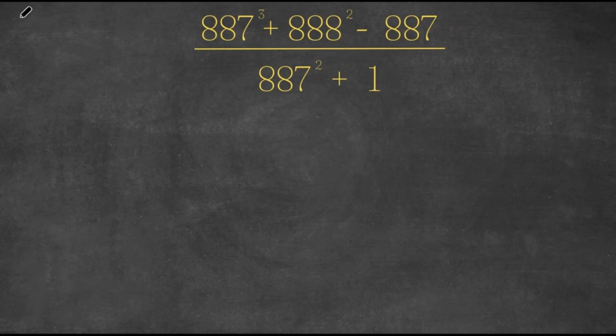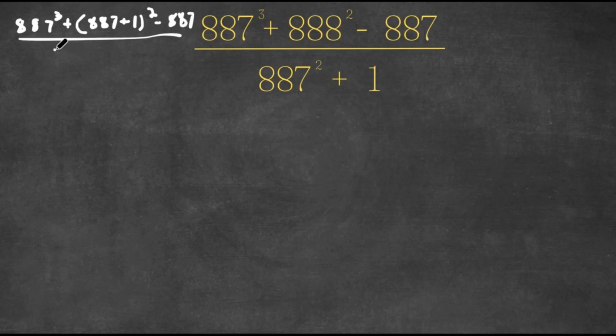Now I'm going to first rewrite this as 887 to the power of 3 plus 887 plus 1 squared minus 887. And we are dividing this by 887 squared plus 1.